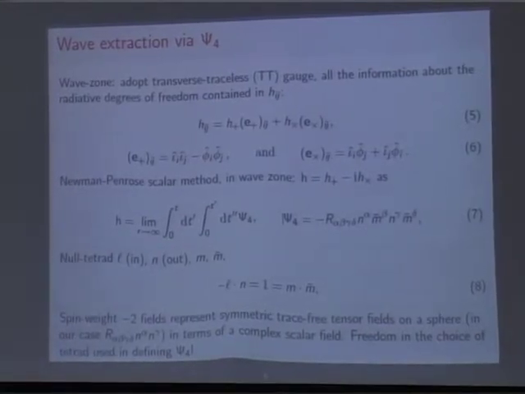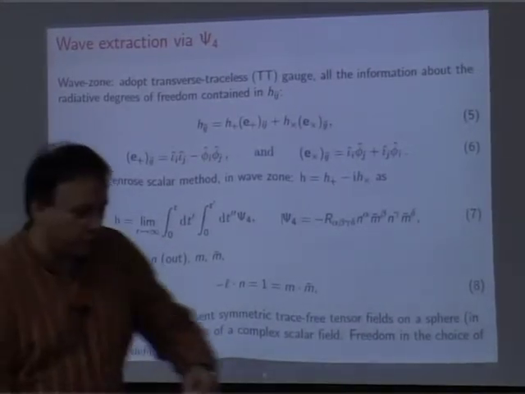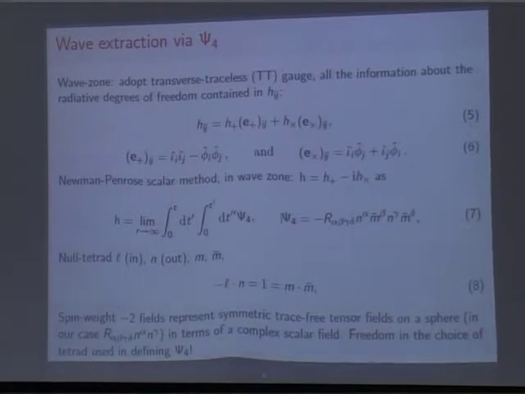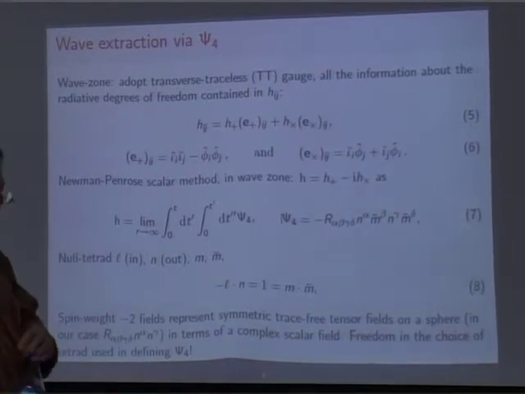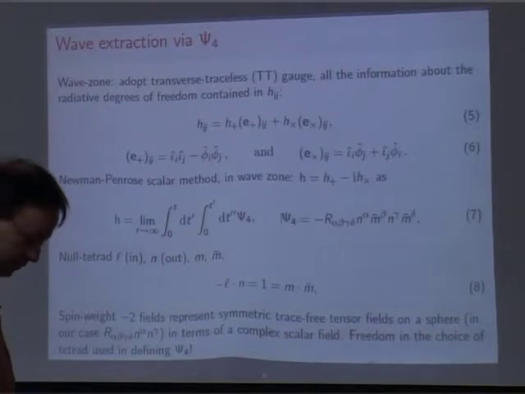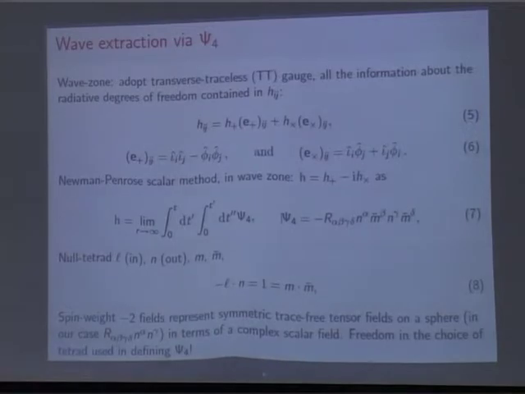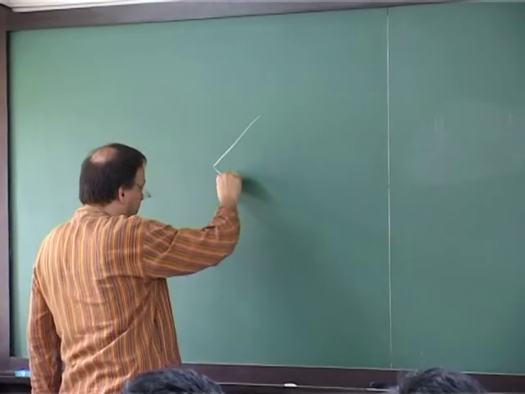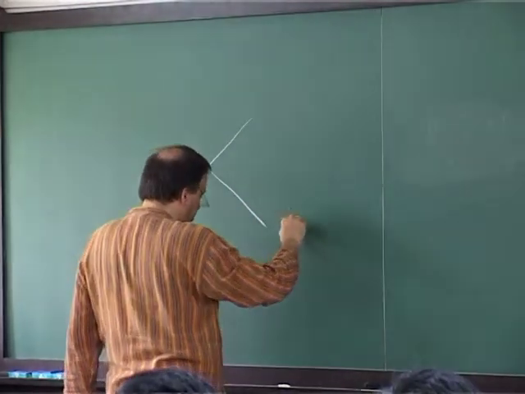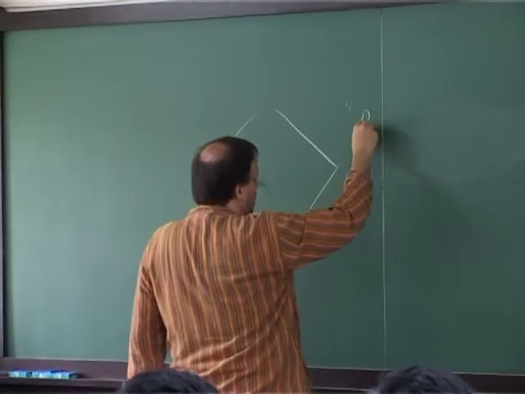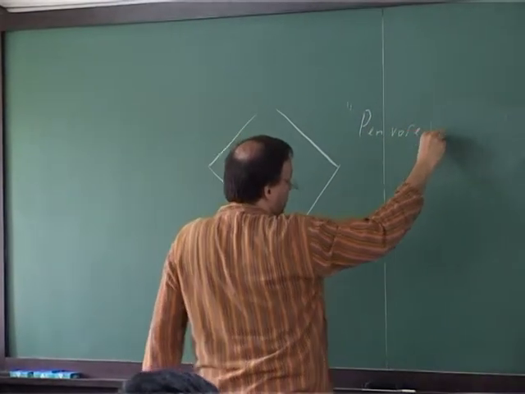So now, what we usually do in some simulation of neutron stars or black holes, for example, is that, well, what we would like to do, we had just this picture. This would be what is also called the Penrose diagram.